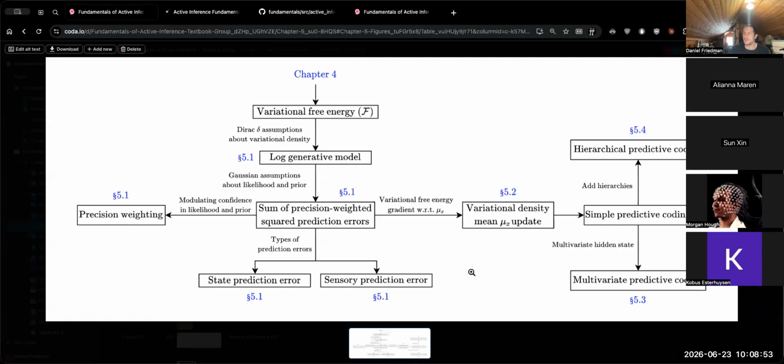So again, to recall, in section 5.1 and 5.2, we basically get all of these core mechanics in terms of how sum of squares, sum of precision weighted squared prediction errors, that's what we talked a lot about last time, relate to mean-based updating of the variational posterior, and that's simple predictive coding.